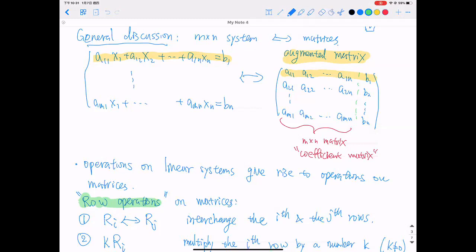We could also therefore denote the process of simplifying or reducing a linear system using elementary operations as performing row operations on matrices.